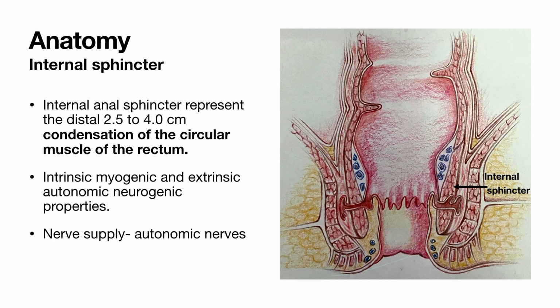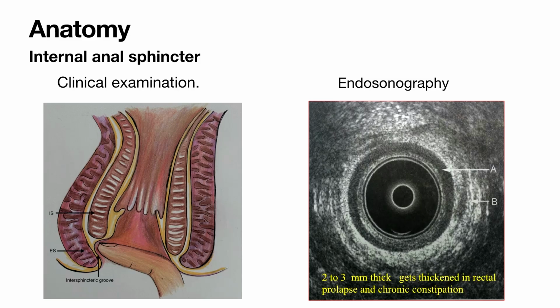It has intrinsic myogenic properties; it has been seen that in an organ bath, without neurogenic or endocrinological stimulus, it still remains contracted, and extrinsic autonomic neurogenic properties are there. Nerve supply is by the superior and inferior hypogastric plexus. The autonomic nerves supply this muscle, and how it acts we'll talk about.